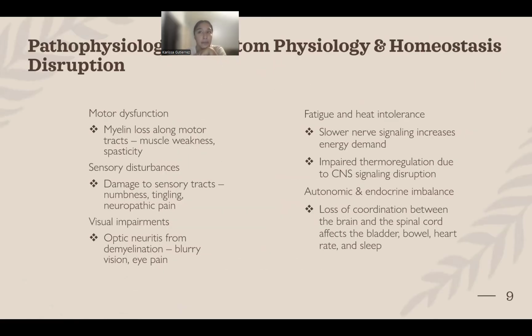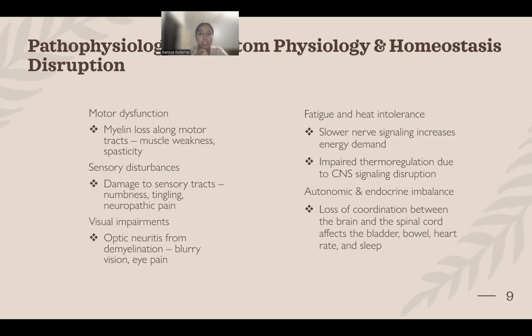Many MS symptoms can be traced back to the damaged nerve tracts. When motor pathways lose myelin, muscle control is affected, so patients can experience weakness, tightness, or even spastic movements. Disruption in sensory fibers causes numbness, tingling, or shooting pain. Visual symptoms, like blurry vision, often arise from demyelination of the optic nerve.